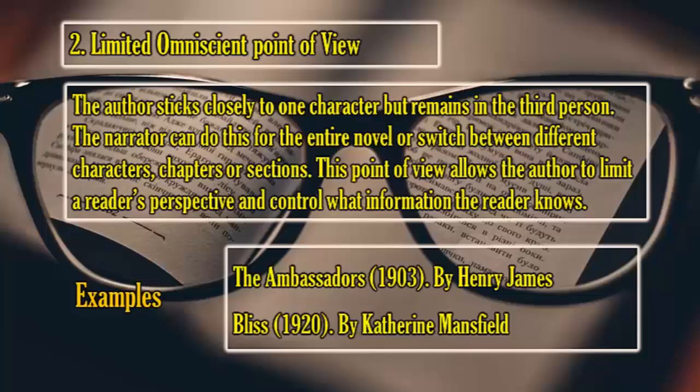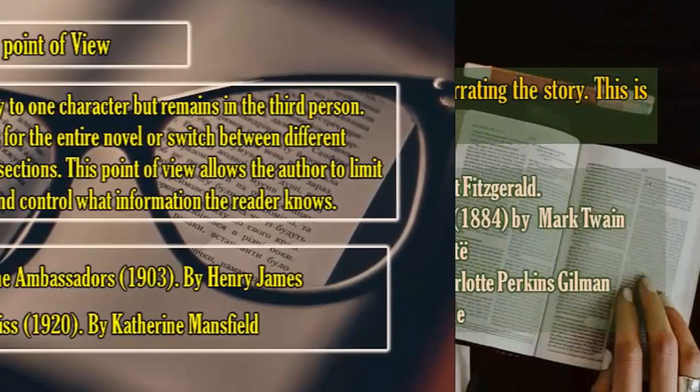This point of view allows the author to limit a reader's perspective and control what information the reader knows. The examples are The Ambassadors by Henry James and Bliss, a short story by Katherine Mansfield.